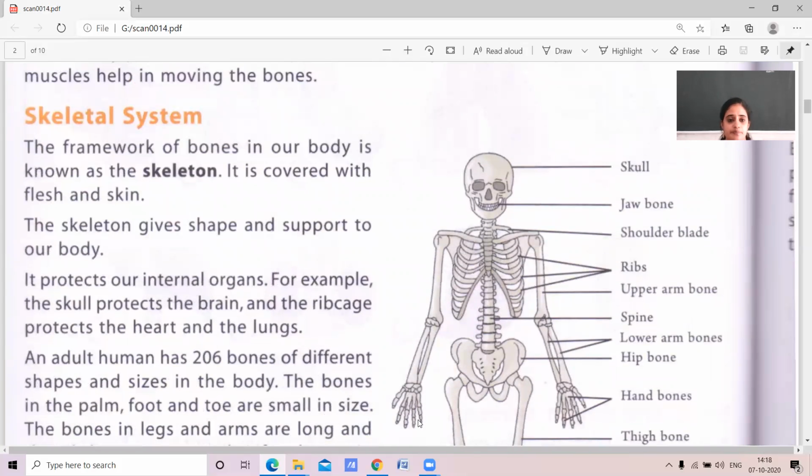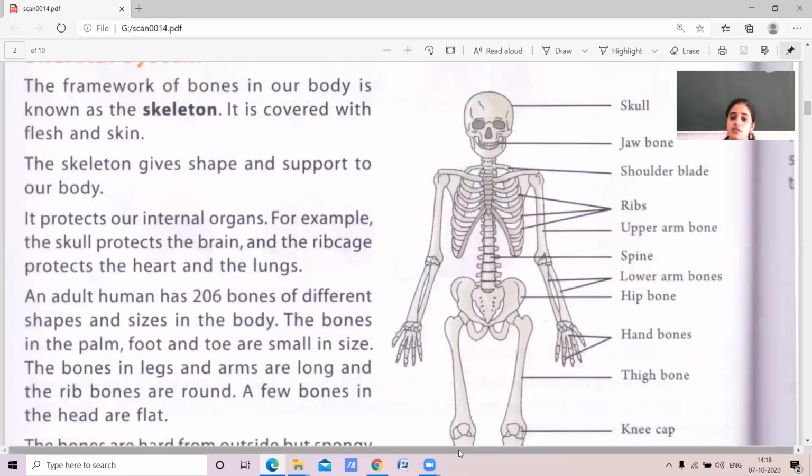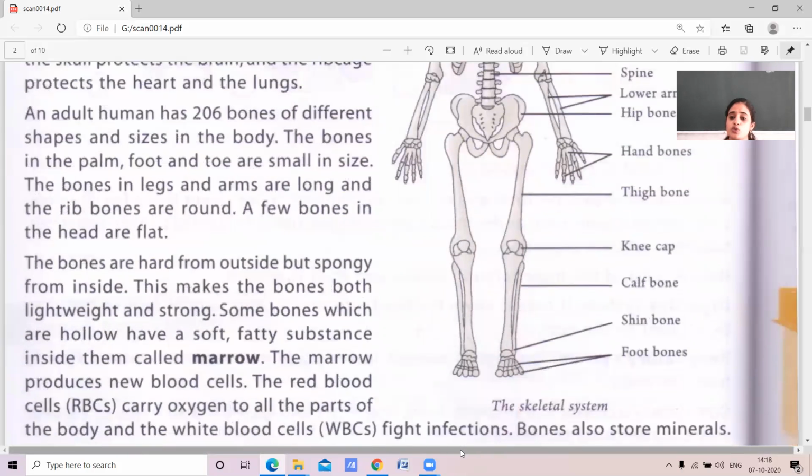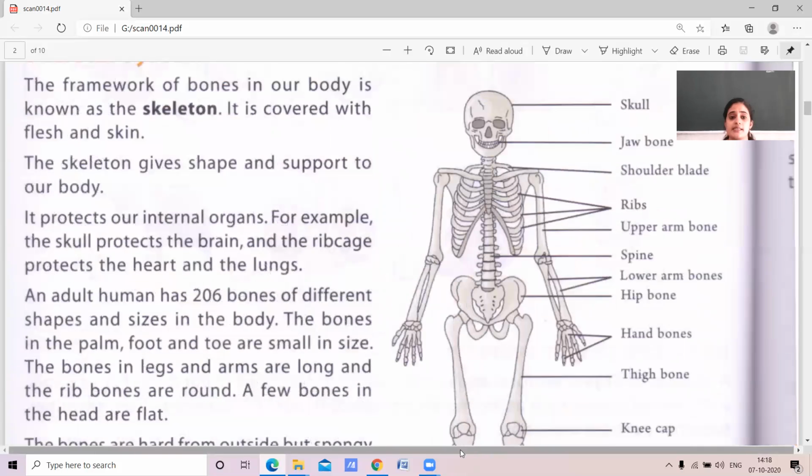Skeletal system. As you know, the framework of bones in our body is called the skeleton. If you see the picture, it shows the skeletal system.